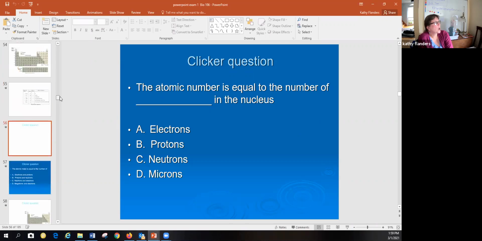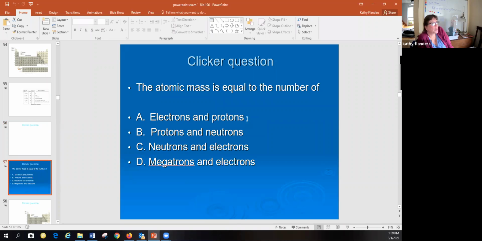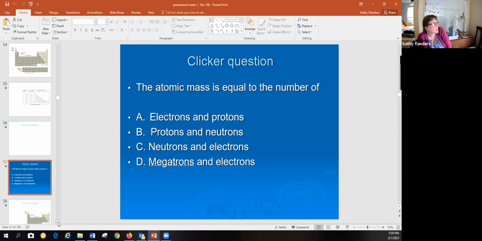So actually, let's work our way up to that then. So the atomic number is equal to the number of how many? Protons. Protons, right? And the atomic mass is equal to the number of protons and neutrons.